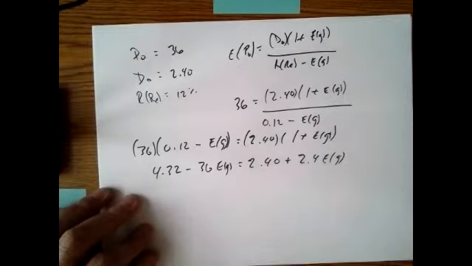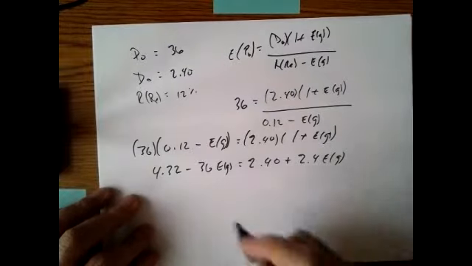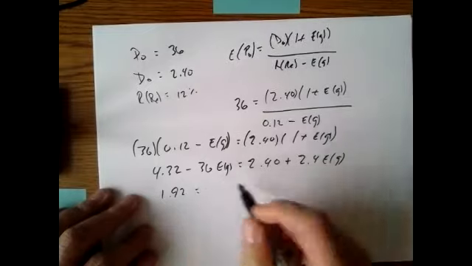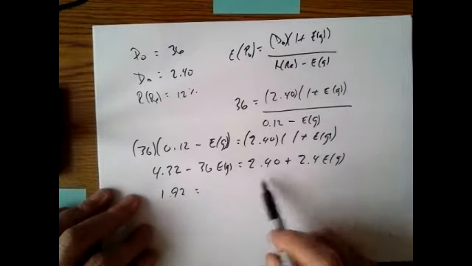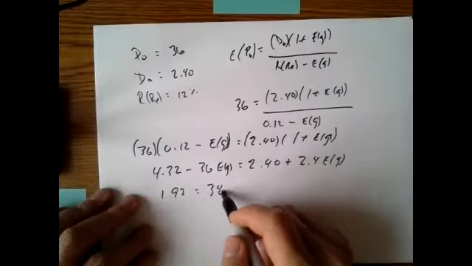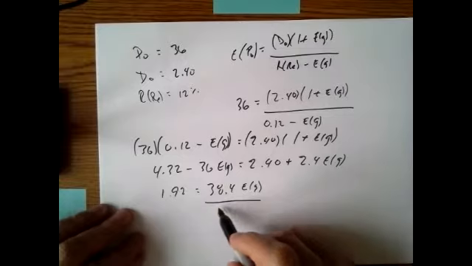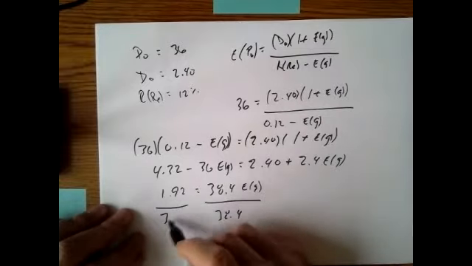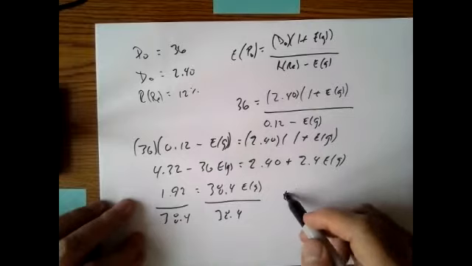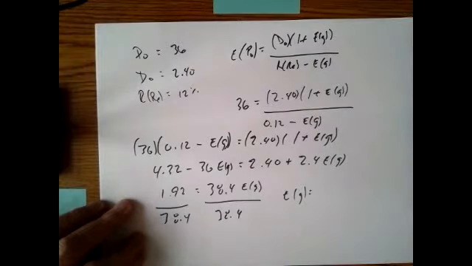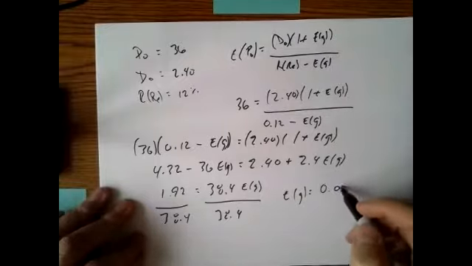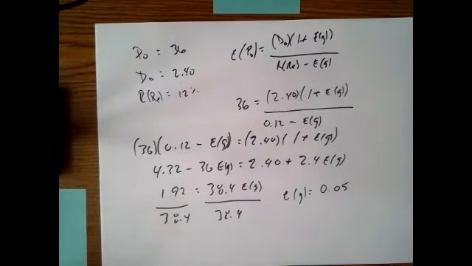So I'll subtract 2.4 from both sides, and I get 1.92 is equal to, and I'm going to add 36 EG to both sides, 38.4 EG. And then I'll divide through by 38.4 on both sides to get EG. And EG would then be equal to 0.05, or 5%. Okay, so now we have that EG is equal to 5%.